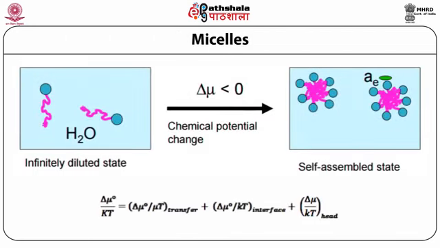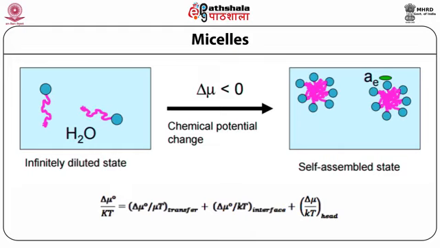Charles Tanford, who contributed so much to the importance of hydrophobicity in protein structure, gave another model which is called the free energy model or phase separation model. According to this model, micelles are microphases. Considering the chemical potential, the equation concerning the two is shown in this slide.